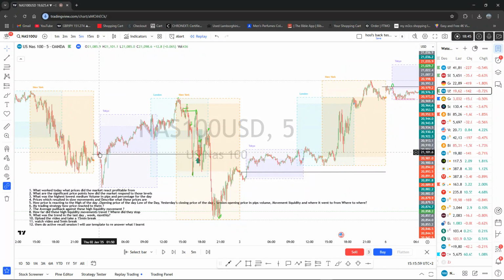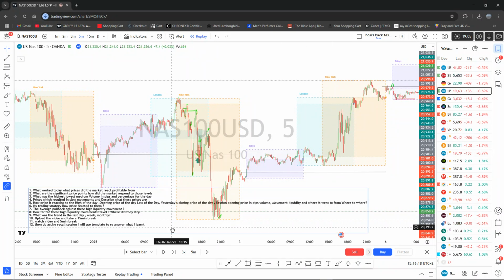Yesterday's Tokyo opening price had some impact today and this day. Yesterday's Tokyo closing price and London's opening price had impact during the next day as well. So those are some things to take into consideration.